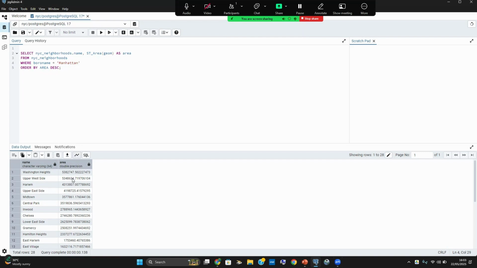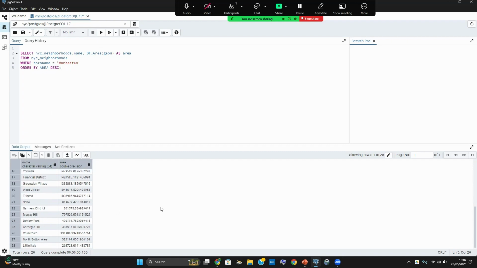So what we're seeing here is now the neighborhoods in the borough of Manhattan, their area in square meters, sorted in descending order. This means Washington Heights has the largest area and Little Italy has the smallest.